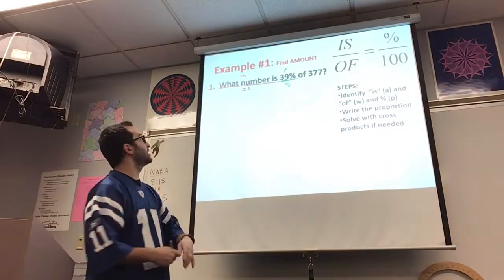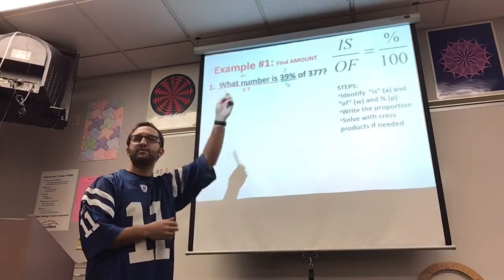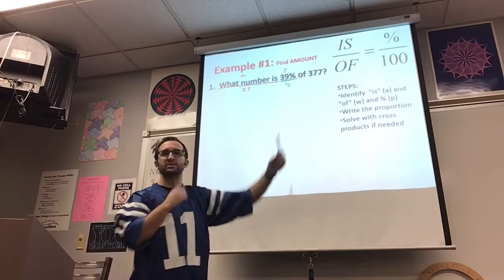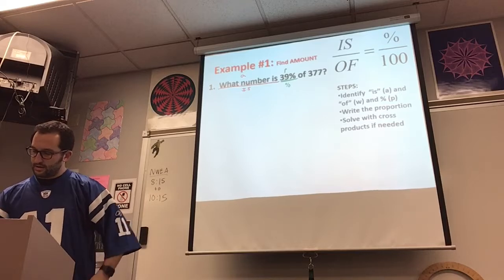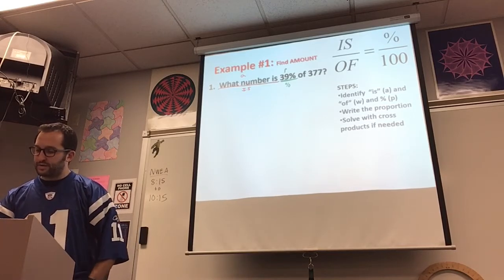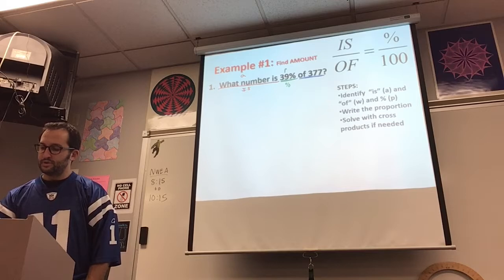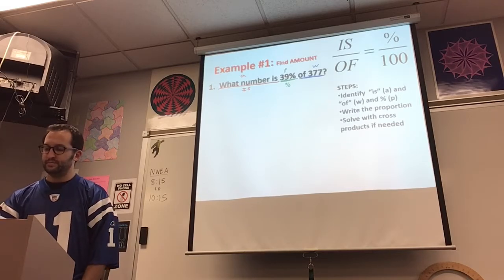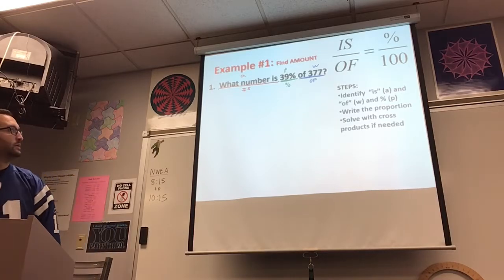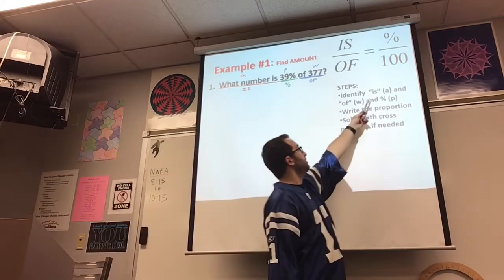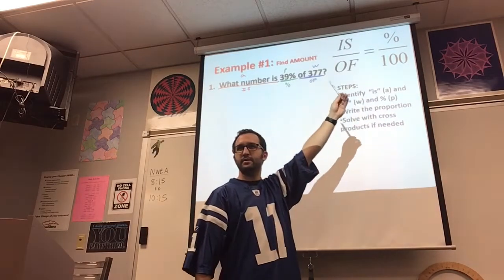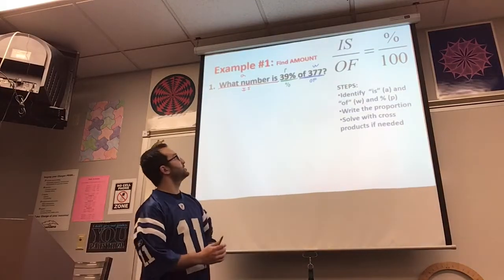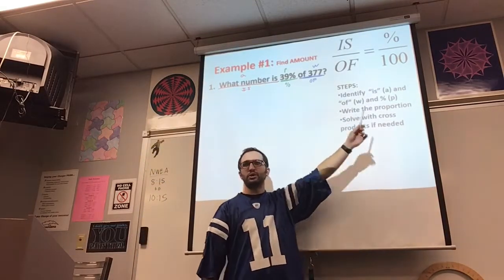So if you're somebody who likes to think about variables, I'm putting those on the top. If you're somebody who likes to look at the words, I'm putting those on the bottom. And then of 377, 377 would be our W, or our of. So we identify the is, of, and percent. Did we do that? Yes. Cool.